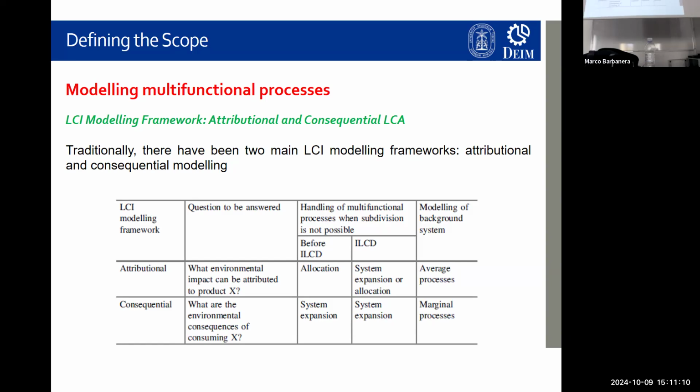In the case of consequential study, instead, we cannot use the average data for modeling input and output data, but we have to consider the so-called marginal processes. Then in the next slide, we will try to explain this concept, but it's very complex to understand in a few words.